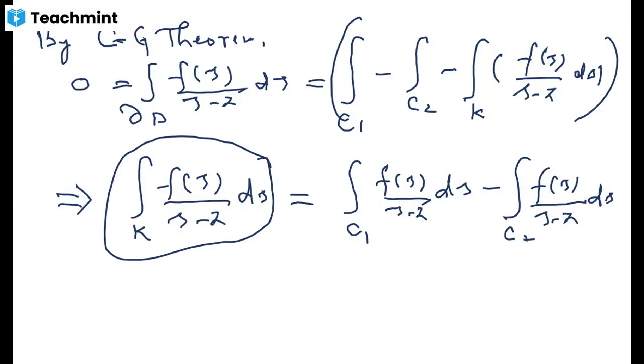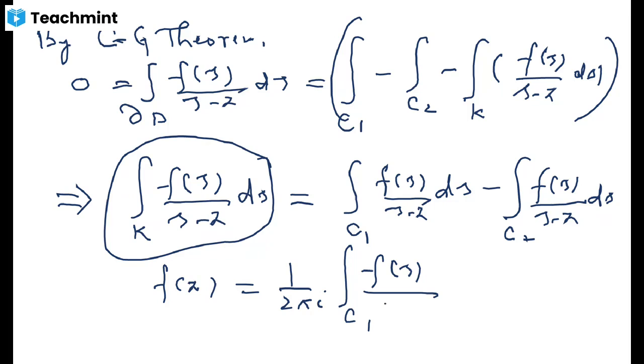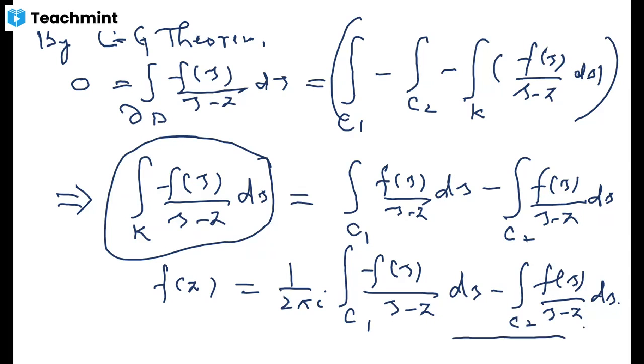So by Cauchy integral formula, I get f of z is equal to, but in case of f of z, you have 2 pi also, 1 upon 2 pi i here, 2 pi i integral over c of f of zeta upon zeta minus z d zeta minus integral over c2 f of zeta upon zeta minus z d zeta. Let us keep this as equation 1.